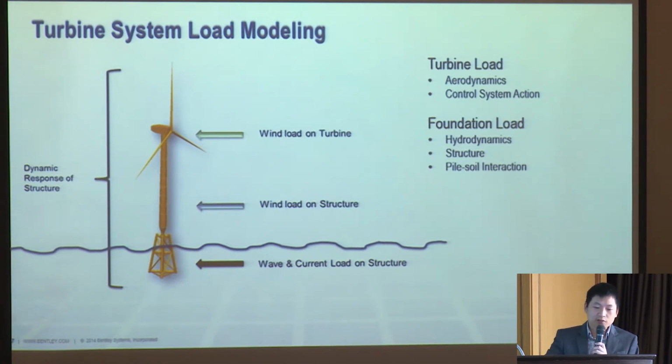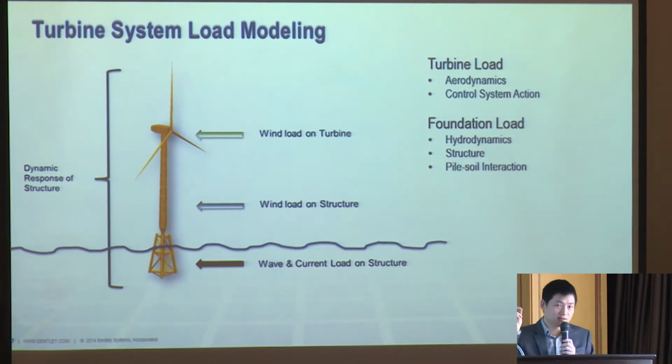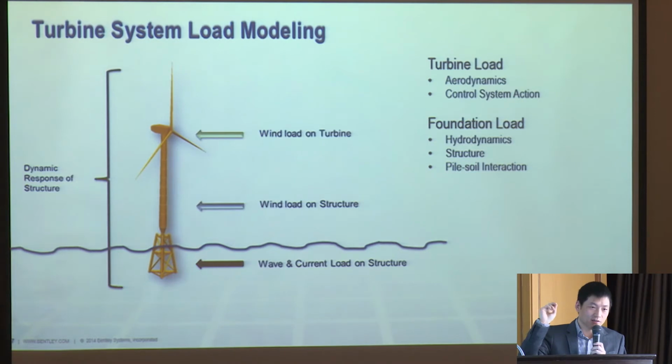And here for the wind turbine foundation structure, the turbine loads come from different directions, so it includes 6 components like the FX, FY, FZ, MX, MY, and MZ.